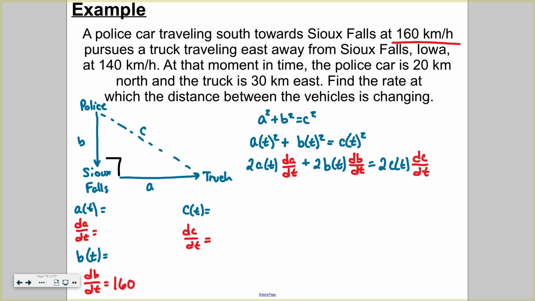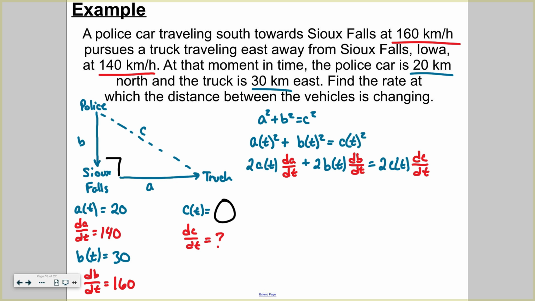We know that the truck is traveling at 140 kilometers per hour, which is a, so dA/dt is going to be 140. At this particular moment in time, we know the police car is 20 kilometers north, and the truck is 30 kilometers east. And our overall goal is to figure out how the distance between them is changing, or dc/dt. So the only thing we need to figure out now is our c of t value.